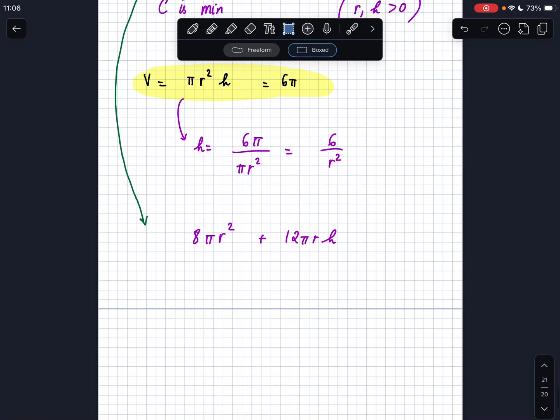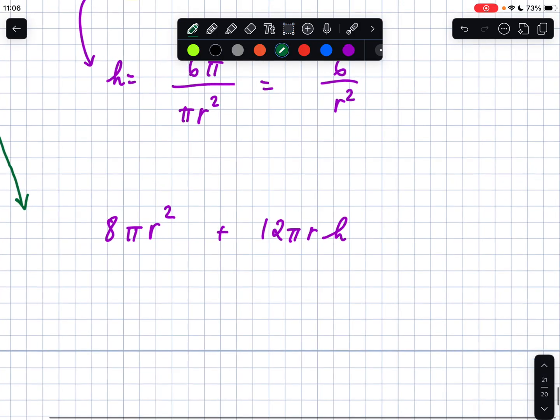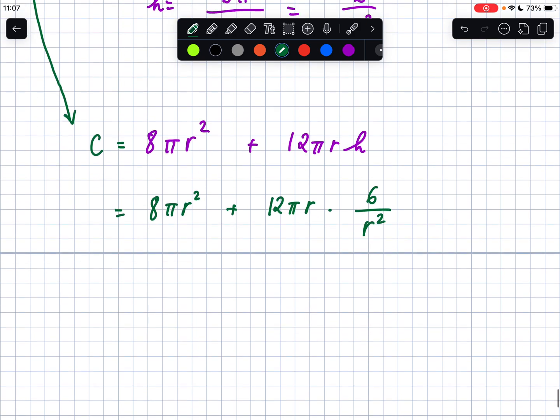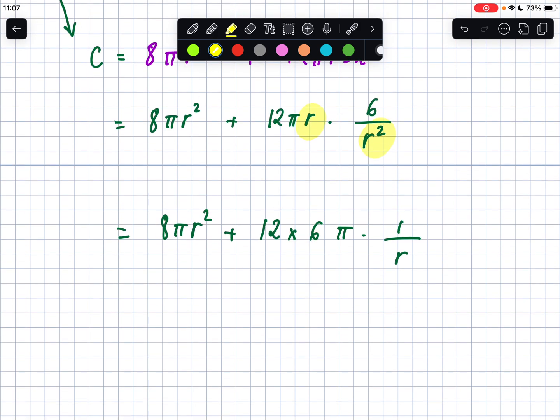With that, we can rewrite the function C, the cost, in terms of just one variable. C, the cost, equal to 8π radius squared plus 12π radius times the height, which is 6 over radius squared. So 8π radius squared plus 12 times 6π times 1 over r. So the r cancels with this r squared. This is our cost function.